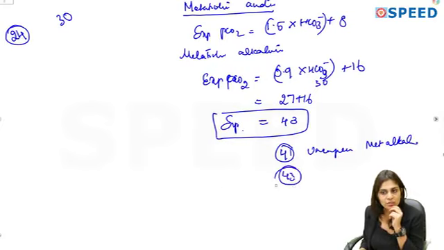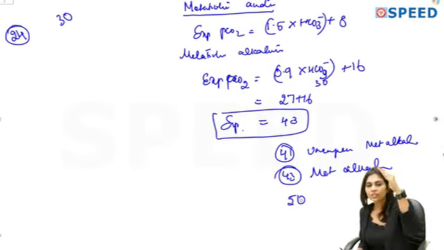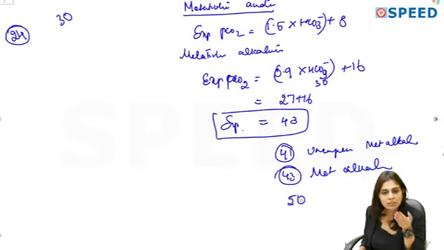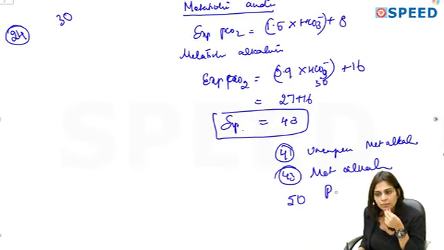If it's 43, what is your answer? Compensated metabolic alkalosis. Instead, if you see PCO2 to be 50, don't say it's overcompensated metabolic alkalosis. It is an accompanied respiratory acidosis. It's a hidden respiratory acidosis.